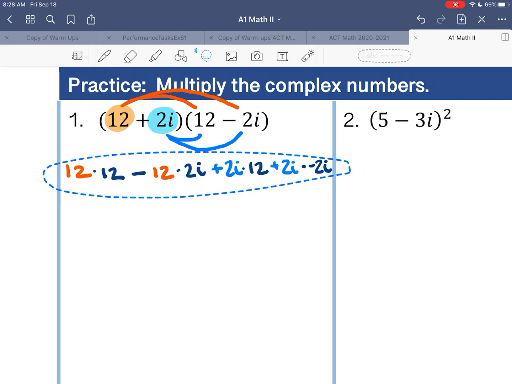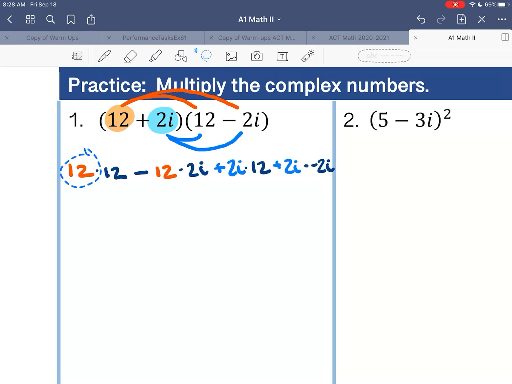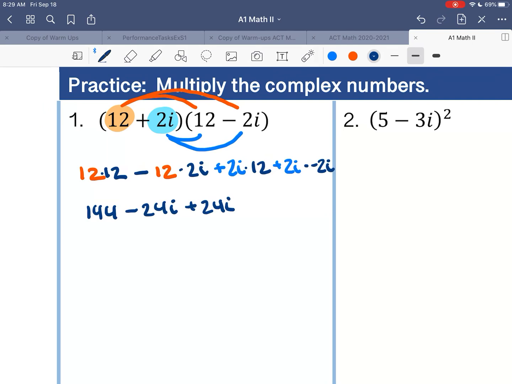I ran out of room because I was writing too big. Okay, not the prettiest one I've ever done. That's okay. So 12 times 12 is 144. You can check me on a calculator on that. And then negative 12 times 2i would give us negative 24i. And then 2i times 12 is the same thing, but it's positive 24i.